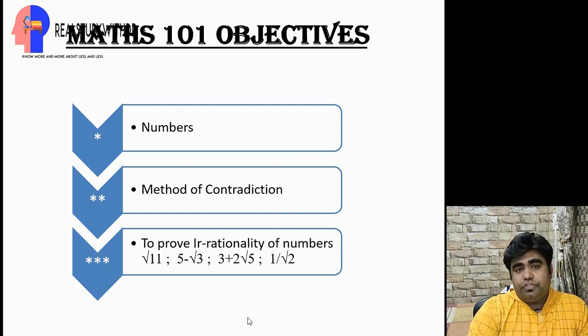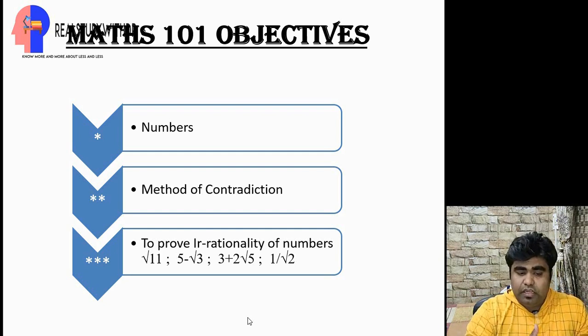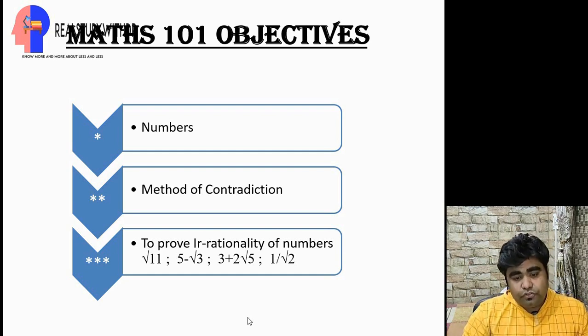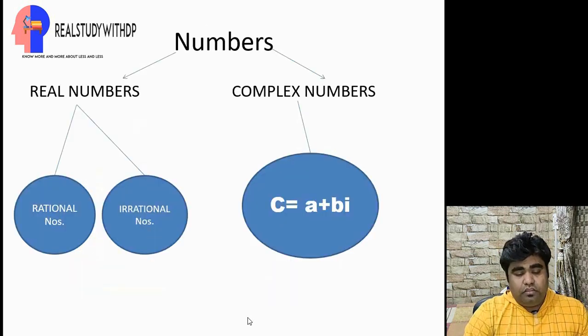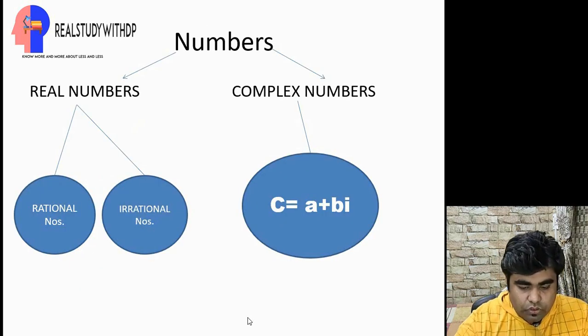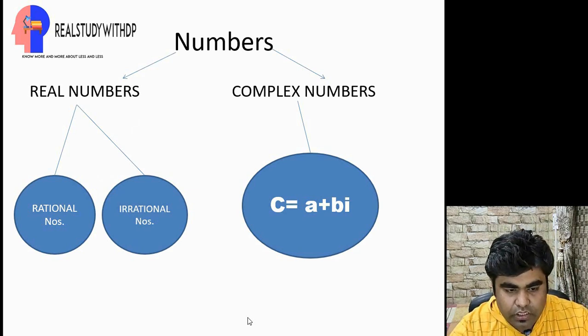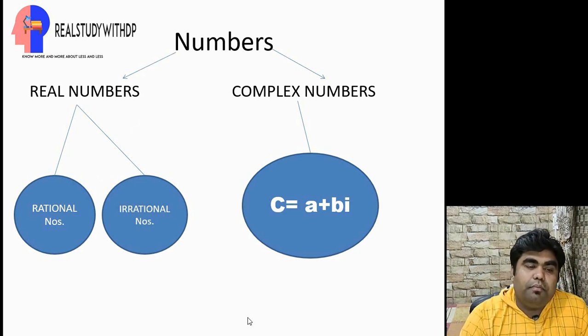Sometimes I'm going to say just root, and that must be considered as square root unless I mention cube roots or any other roots. So if I'm just saying root of 2, that means square root of 2. Let's begin our session with a very brief introduction about numbers.